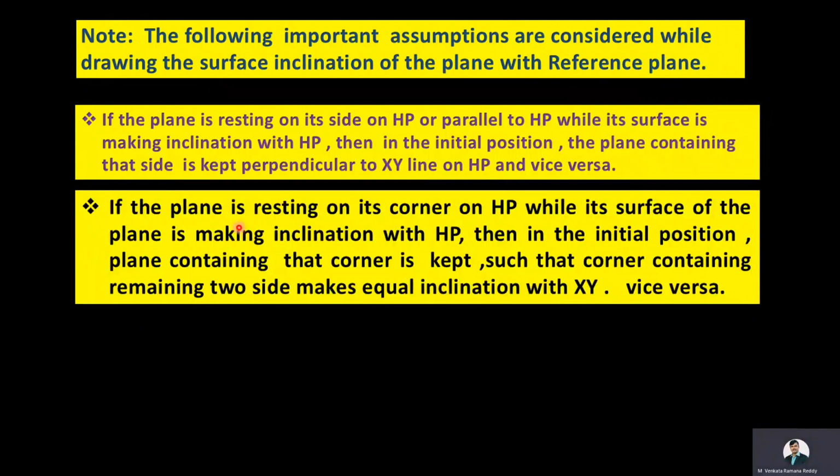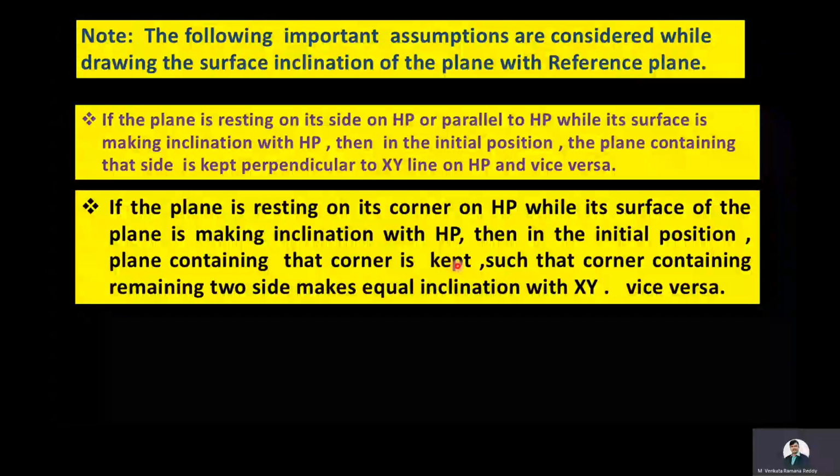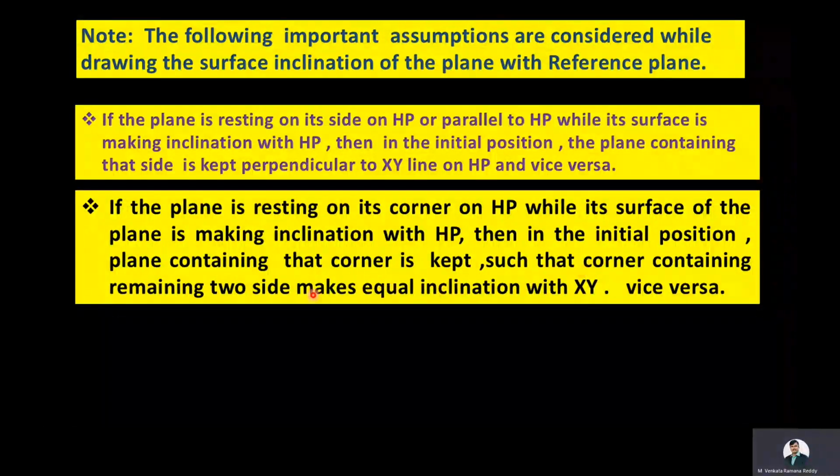If the plane is resting on its corner on HP while its surface is making an inclination with HP, then in the initial position, the plane containing that corner is kept such that the remaining two sides containing the corner make equal inclination with XY, and vice versa. These are the very important points we need to remember while solving planes inclined to both the planes problems.